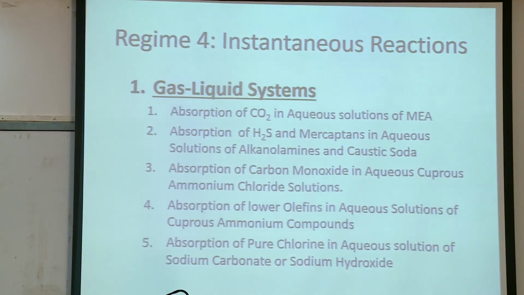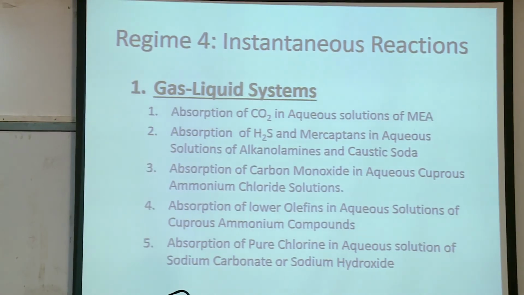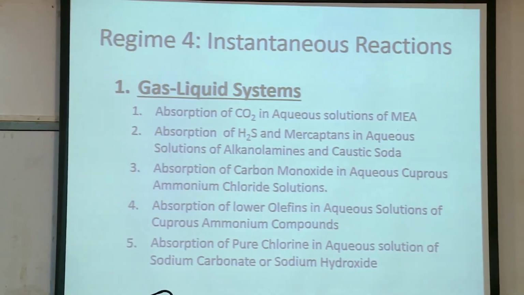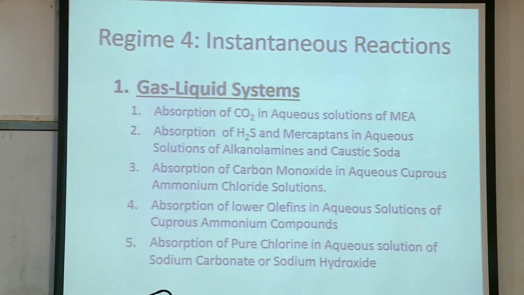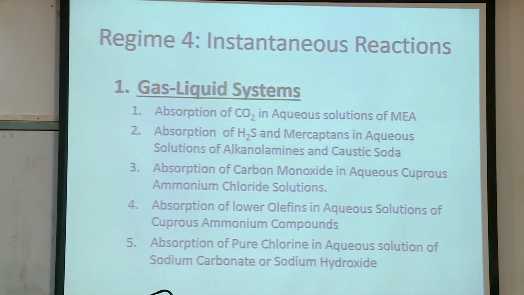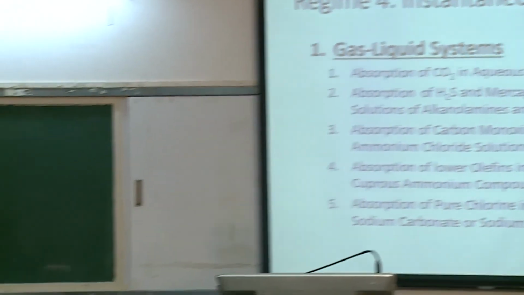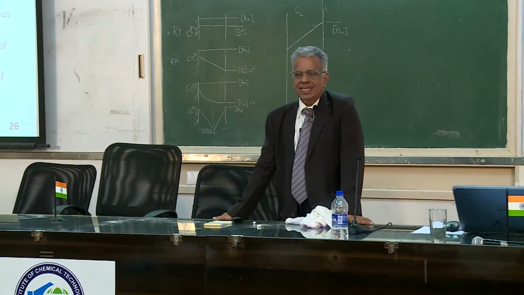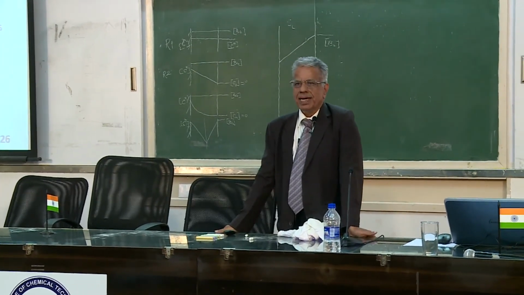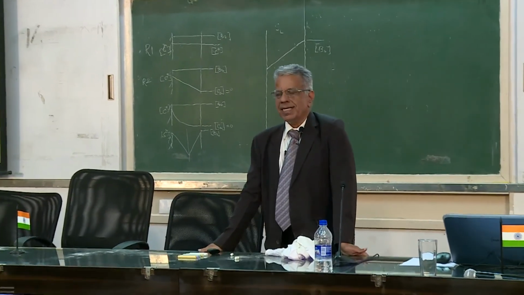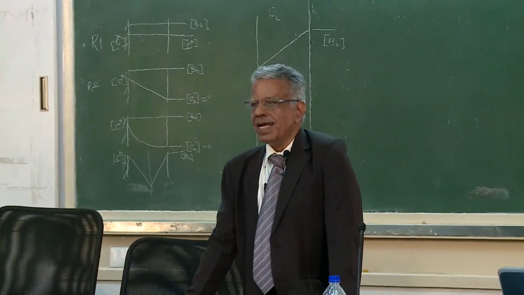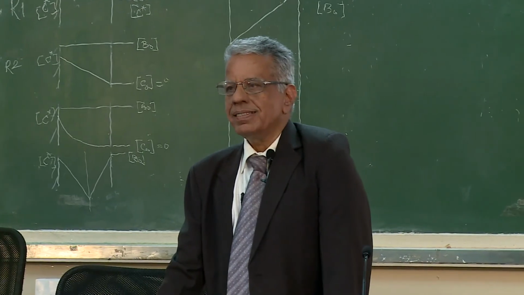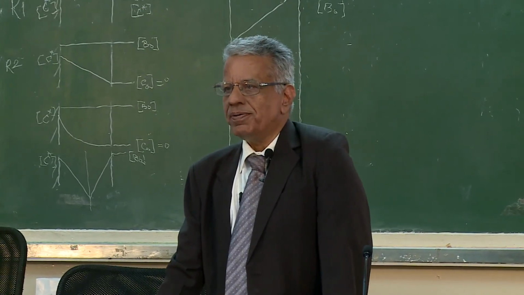Regime 4, gas liquid systems, absorption of CO2. Where is absorption of CO2 important? You have studied this. Two well-known examples, urea, very good, urea. So, whenever we do any water gas shift reaction with any carbon source, we get CO2, because for endothermicity we need to provide oxygen.